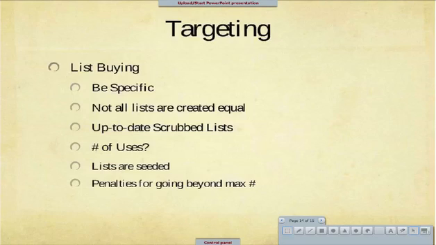Seeding a list means that if you buy 600 names or 1,000 pieces of data, they're going to seed it with names and addresses that they are tracking, so that if you purchase the list for 3 uses and you mail to them 4 or 5 times, they're going to know it and find you in violation of the license, and there are penalties that go with that.